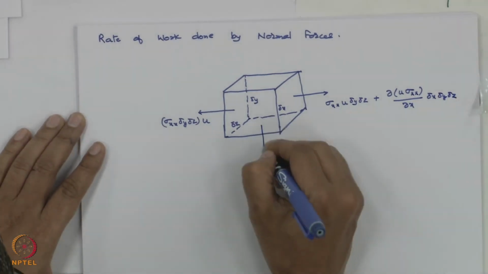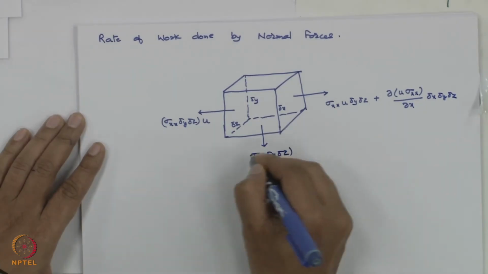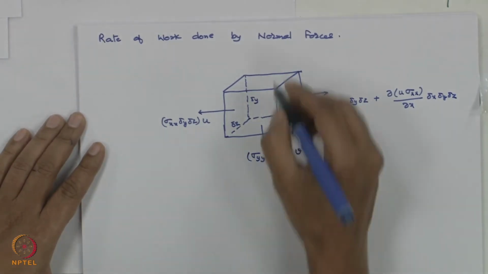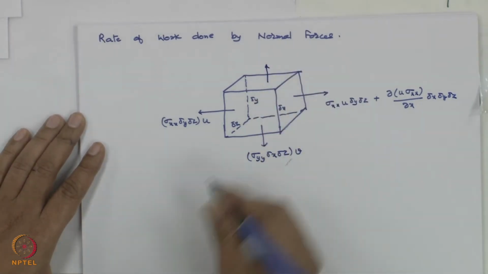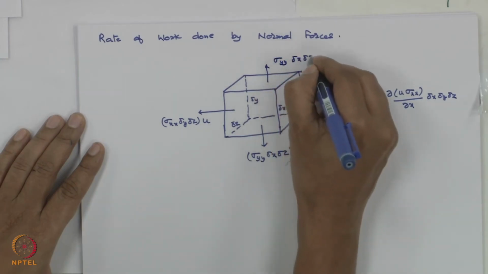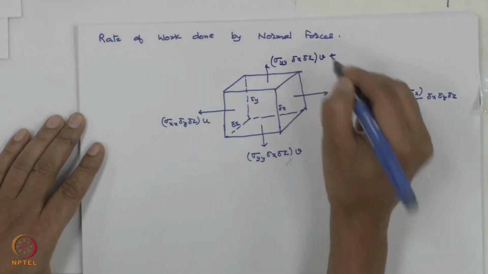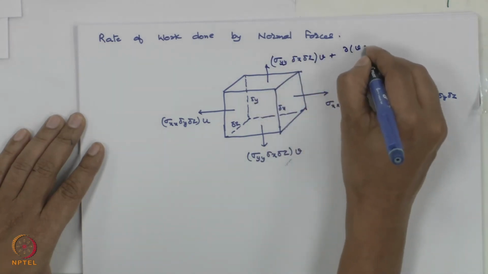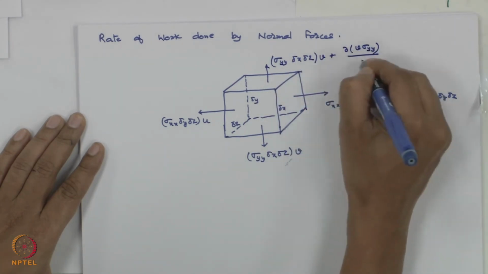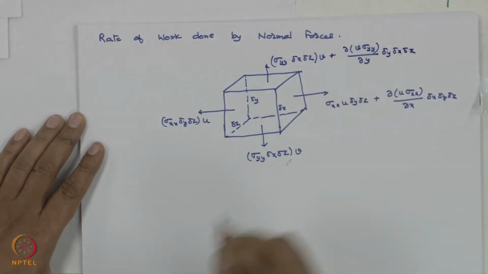Similarly, you have sigma yy delta x delta z into velocity. On the top surface you have sigma yy delta x delta z into v plus del of v sigma yy upon del y delta y delta x delta z.